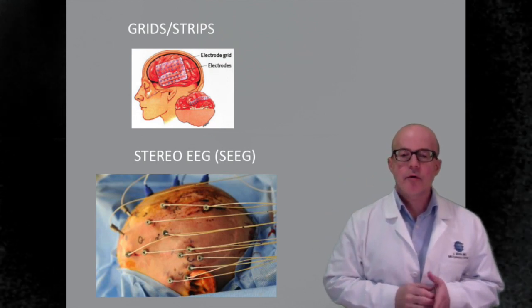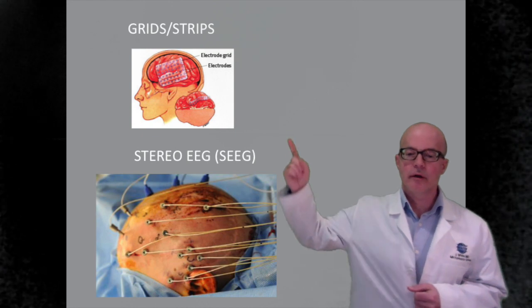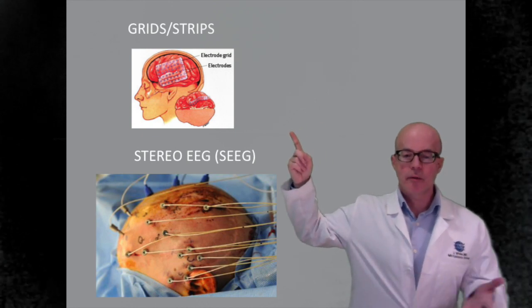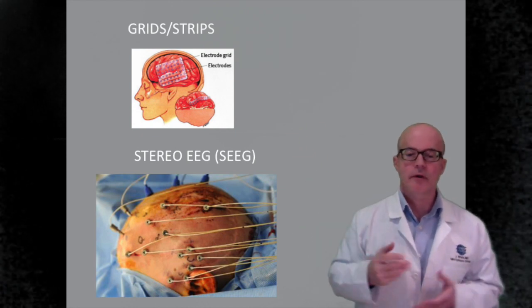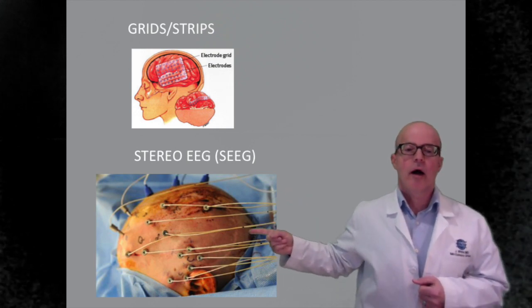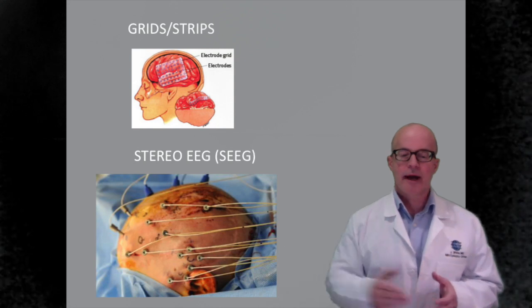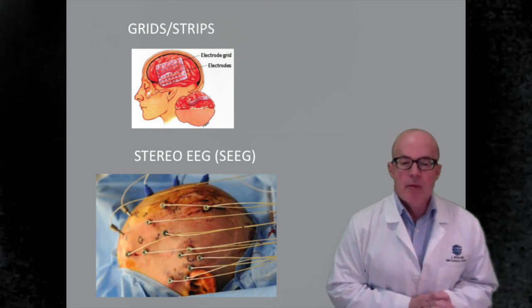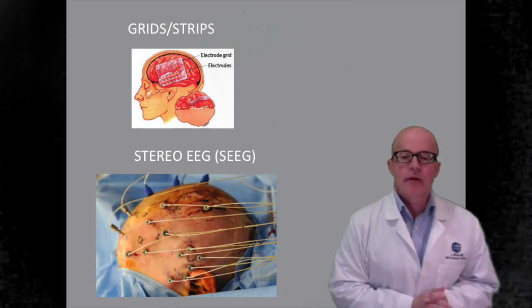And there's two main types. There is the grids, which people are more familiar with because we've been doing that longer. And then there's the newer strategy, which is SEEG. And we'll cover both of these in this lecture.